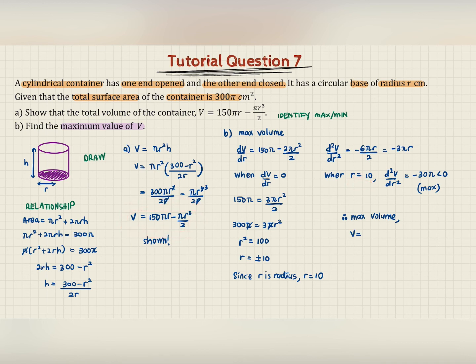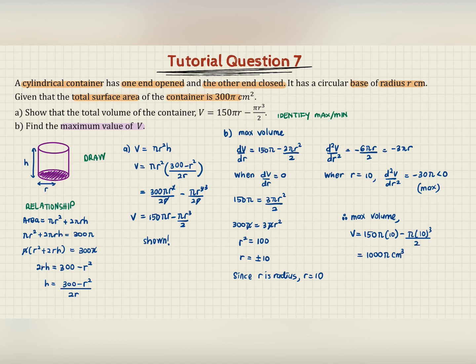So here ada dapat 150 pi, r kita adalah 10 tolak pi 10 cube over 2, and then just use your calculator. Saya akan dapat 1000 pi centimeter cube volume kan. So volume will be 1000 pi centimeter cube.